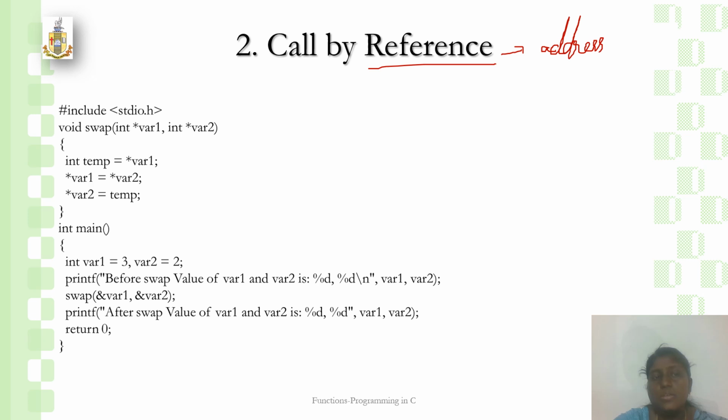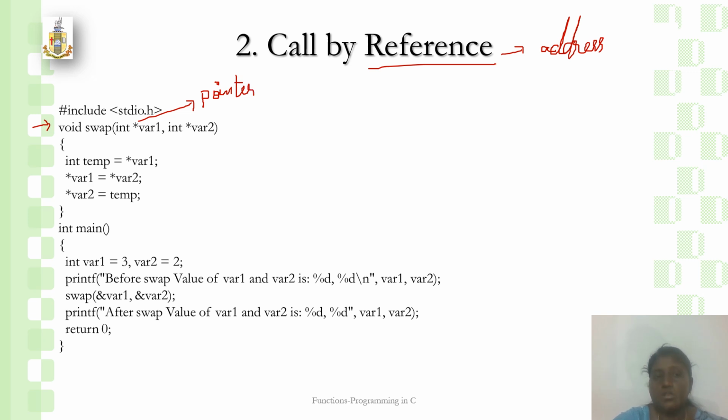So look into this declaration, void swap of int star var1. The star specifies the pointer variable. Whenever you specify a star before a variable, it is a pointer variable. So this topic will be discussed in coming classes.